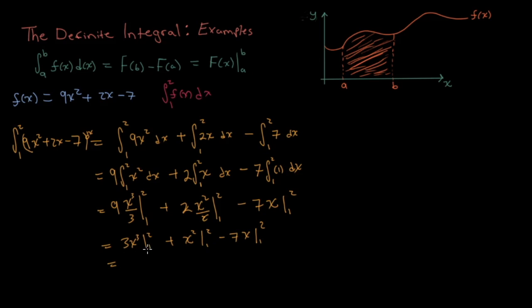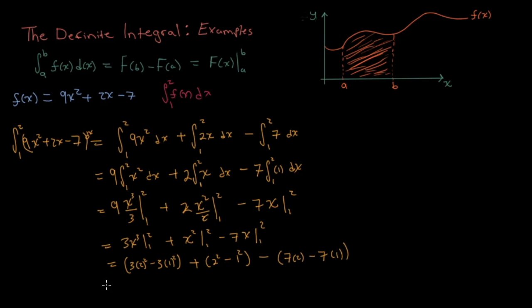And then we can go ahead and substitute 1 and 2 into our x values. So this would be 3 times 2 squared minus 3 times 1 squared, plus 2 squared minus 1 squared, then minus 7 times 2 minus 7 times 1.